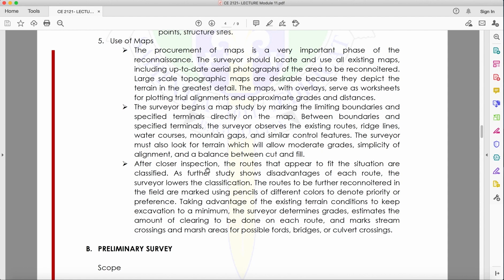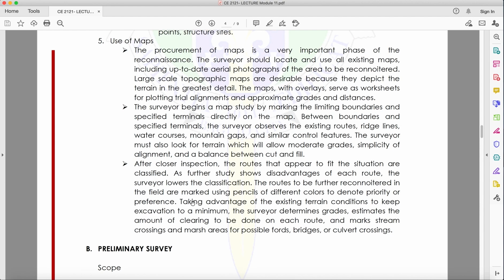So after closer inspection, the routes that appear to fit the situation are classified. As further study shows disadvantages of each route, the surveyor lowers the classification. The routes to be further reconnoitered in the field are marked using pencils in different colors to denote priority or preference.